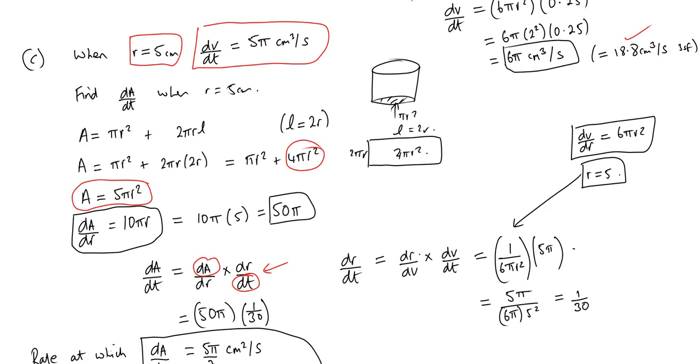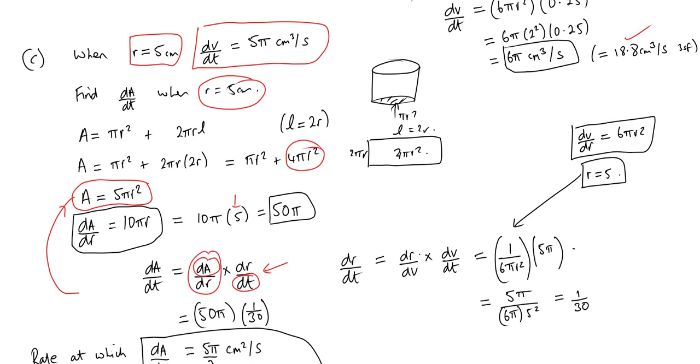Now there's something we need to find out, dA by dr, so we can find that using this formula up here. We differentiate A with respect to r, and we get 10 pi r, but we know that r is 5 at this point. Okay, so that's 50 pi. I'm just going to leave it in terms of pi for now. So we found dA by dr.